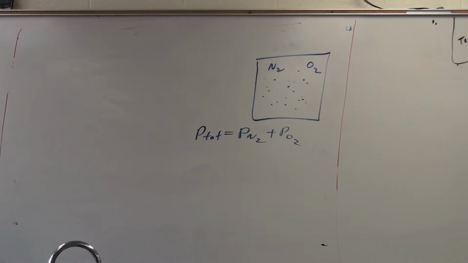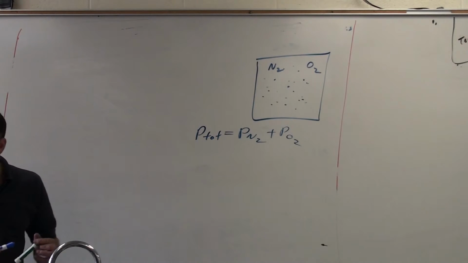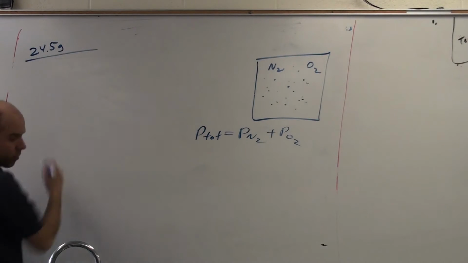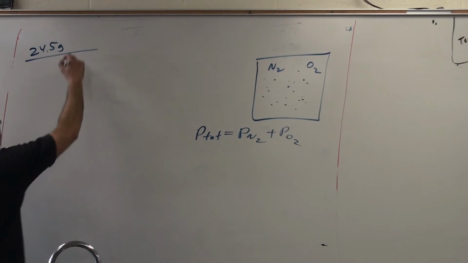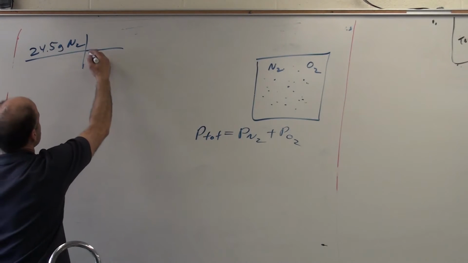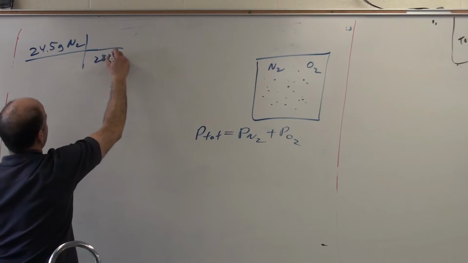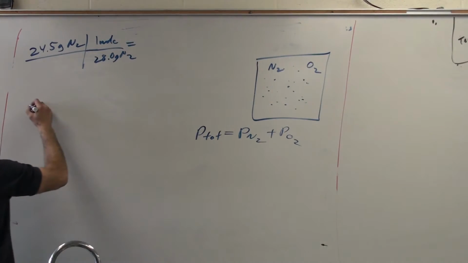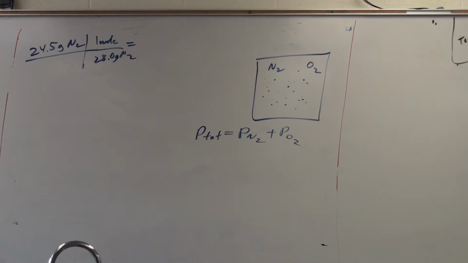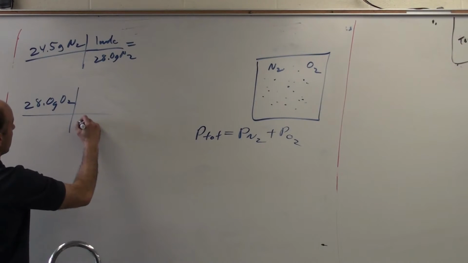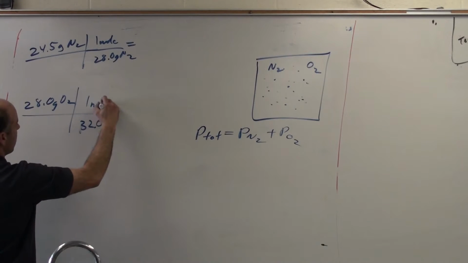We've got 24.5 grams of nitrogen and 28 grams of oxygen. So 24.5 grams of nitrogen, and 28 grams of nitrogen is 1 mole, and I've got 28 grams of oxygen and 32 grams of oxygen gives me 1 mole of oxygen.